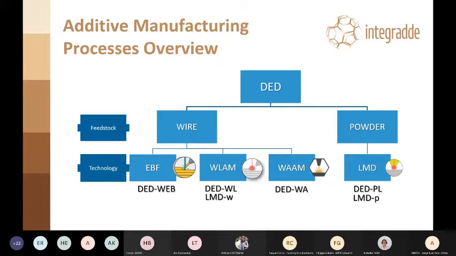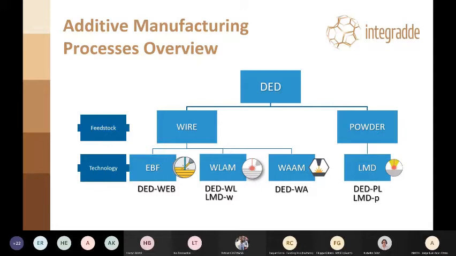For example, if you use wire, you can have different energy sources like electron beam, and then you will have direct energy deposition with wire by electron beam. You can also have direct energy deposition using wire by laser, and direct energy deposition using wire by arc.